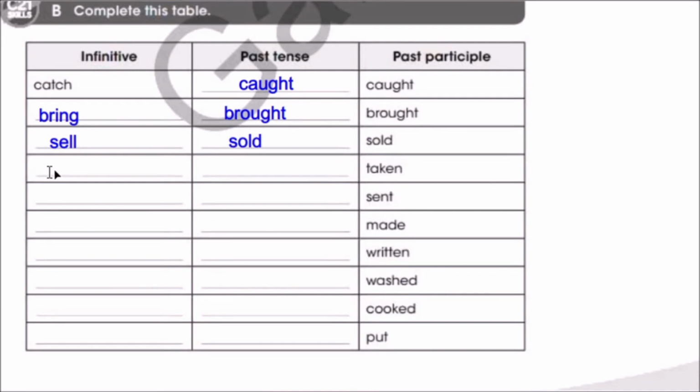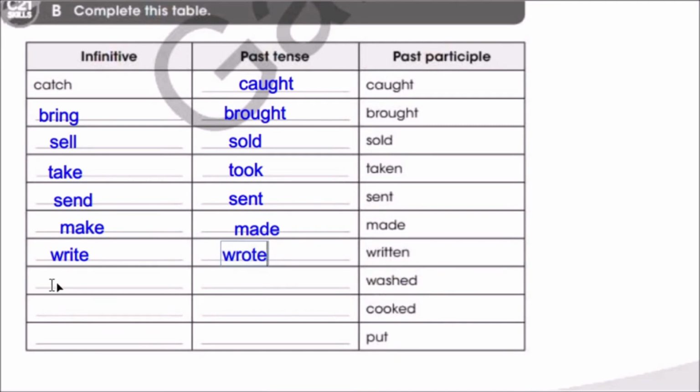Taken, take, took, taken, good job. Sent, so what's the answer? Send, sent, sent, good. Made, make, made, made, good. Written, write, very good. Wrote and written, good job.